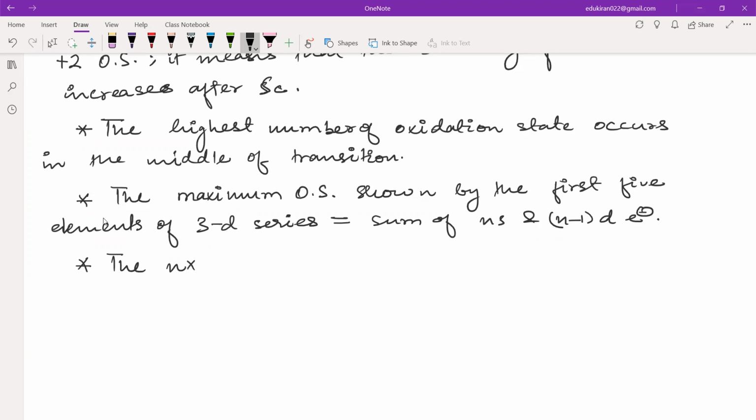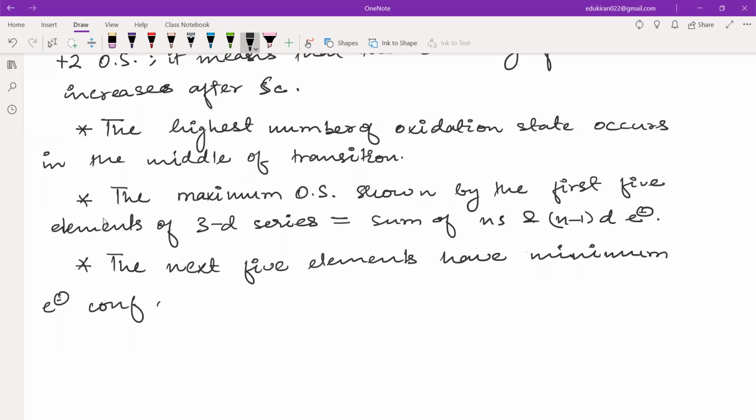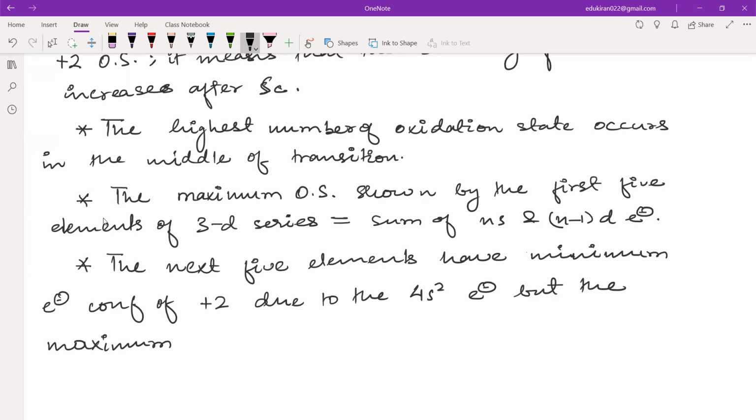The next 5 elements have minimum oxidation state of +2 due to the 4s2 electrons, but the maximum oxidation state is not related to the electronic configuration.